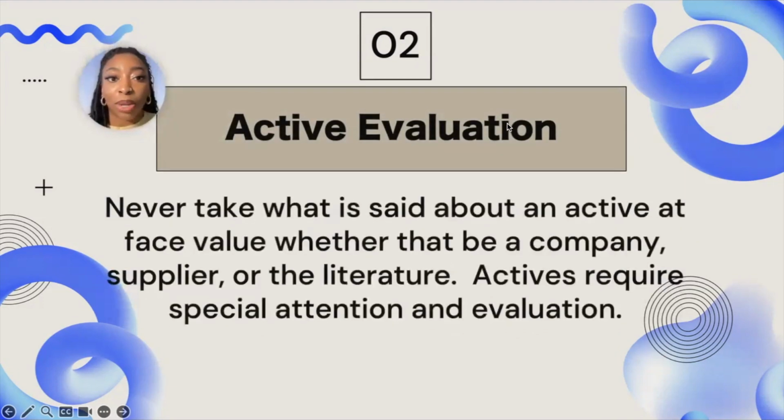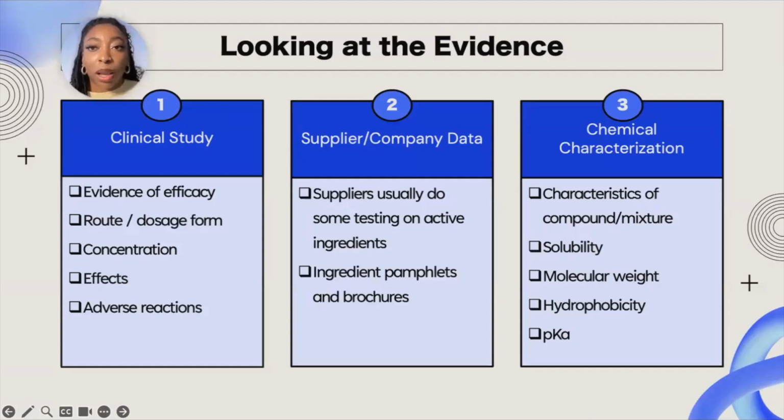It is important that we never take what is said about an active at face value, whether that be from a company, a supplier, or from literature. Actives require special attention and evaluation. When we evaluate the evidence for an active, there's really three types of data that we'll be looking at. In the first column, we have clinical studies.